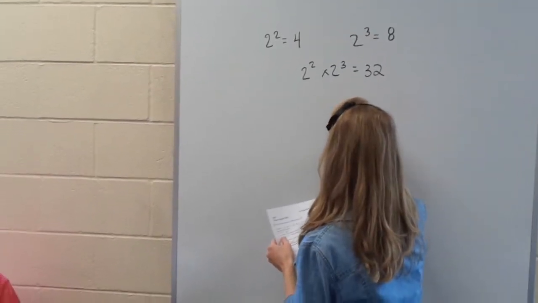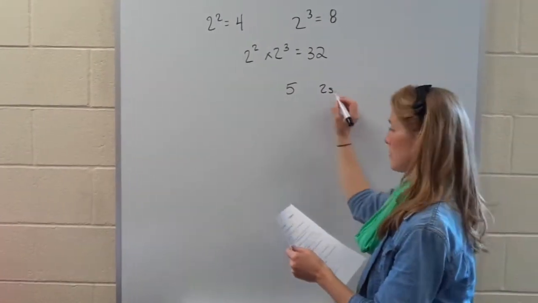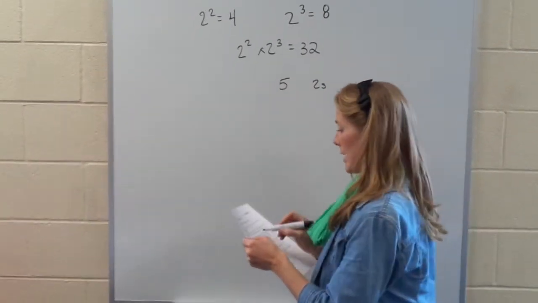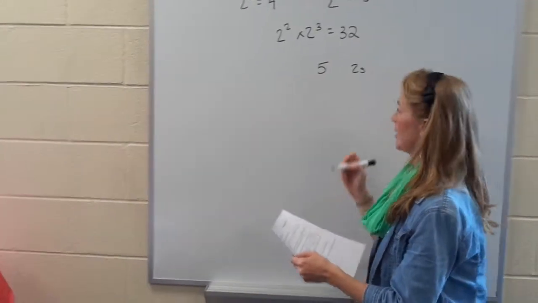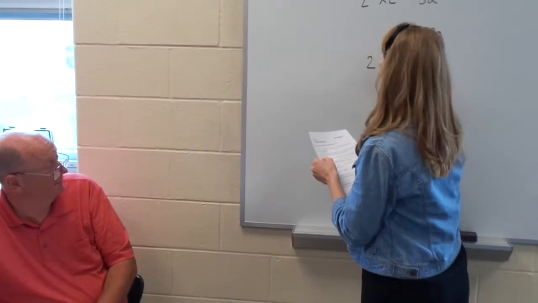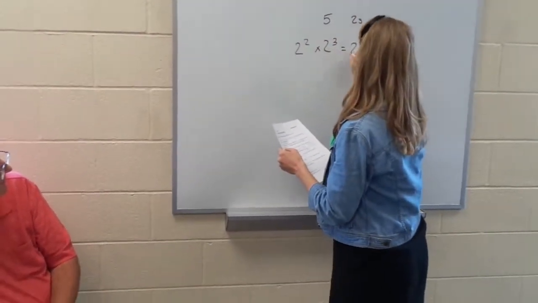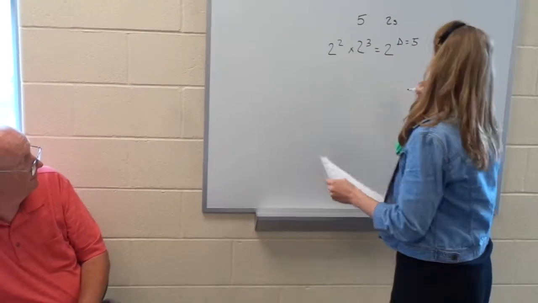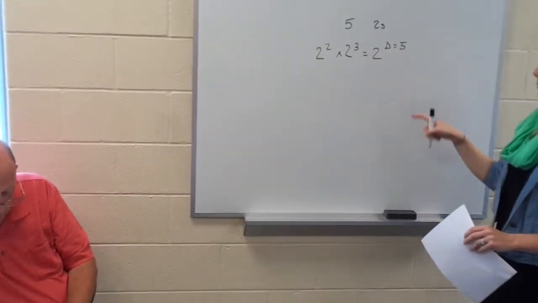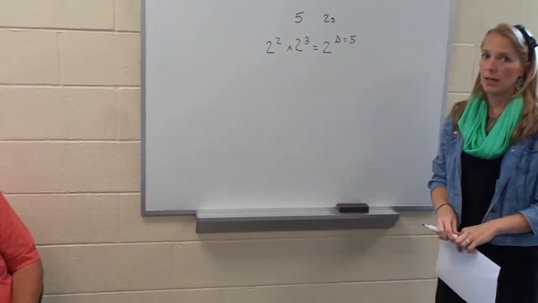So you need 5 2's. And so then we proved it by doing it. So 2 squared times 2 cubed equals 2 to the triangle, which equals the 5. So the 5 needs to go where the exponent needs to be. Did I explain that okay?